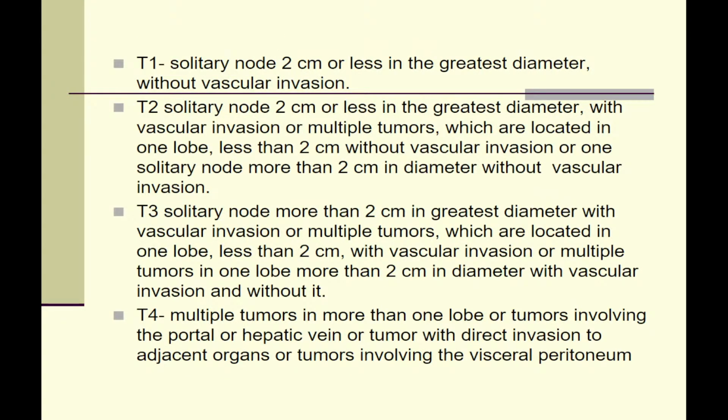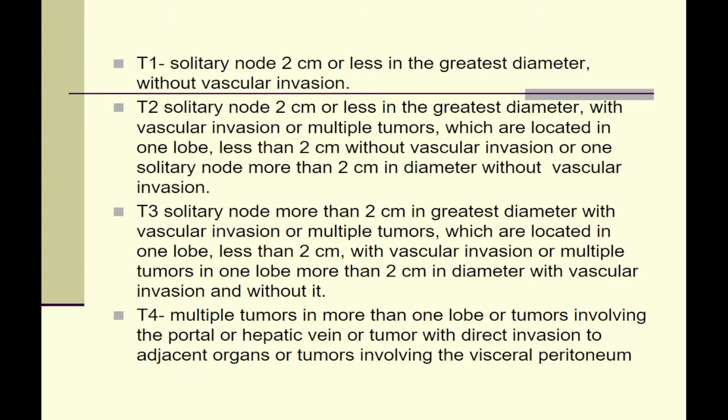Now about the TNM classification of liver cancer. T1 is a solitary node 2 centimeters or less in the greatest diameter without vascular invasion.